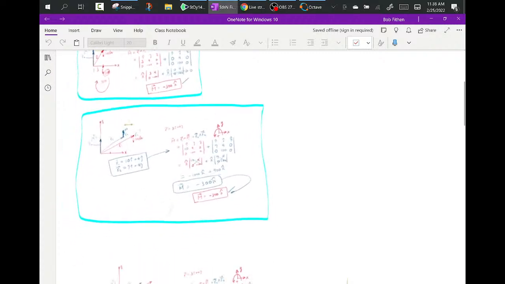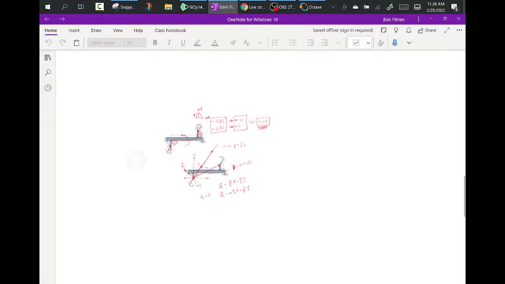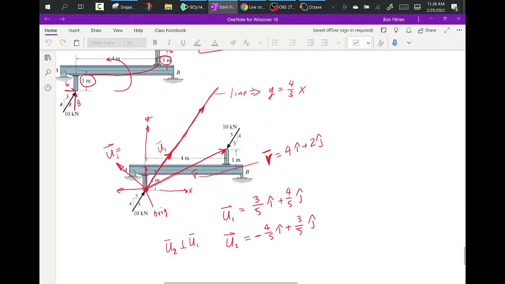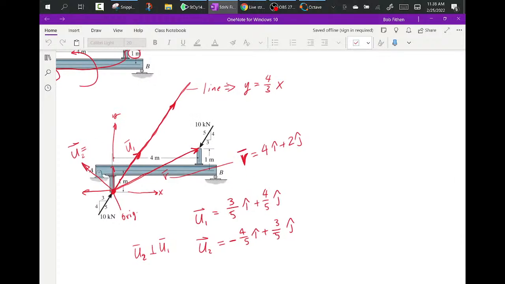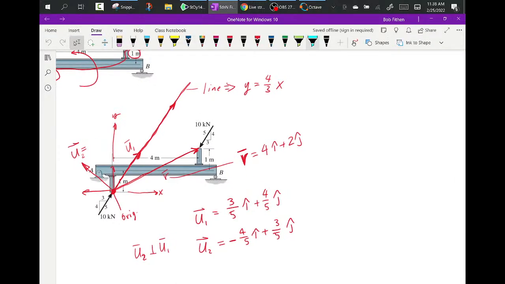Okay, so what I was able to do is take this, move it here, put a minus sign on it, because it does go back to the left. Then I notice this and this.